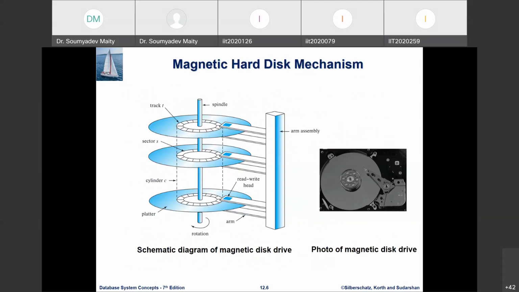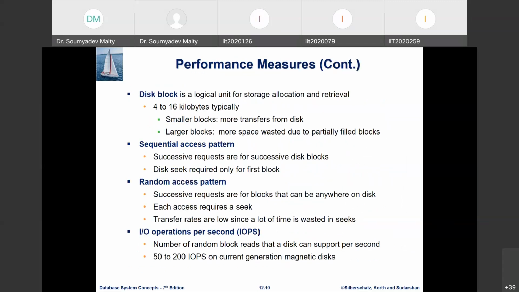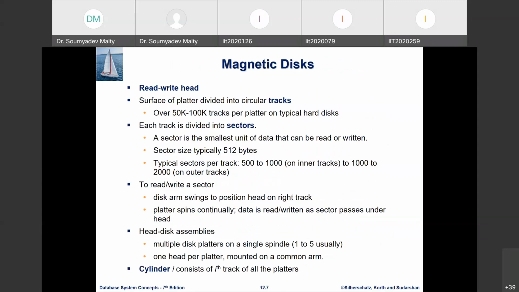Once you move the arm to the beginning of the block, the probability that you need to move the arm later is negligible, because the scheduling is done in that way. The disk management algorithm tries to allocate sectors from the same cylinder, or in the worst case, when it is not available, from the nearby tracks. So that is a block. Usually the size of a block is from 4 kilobytes to 16 kilobytes, and the size of a sector is usually 512 bytes.